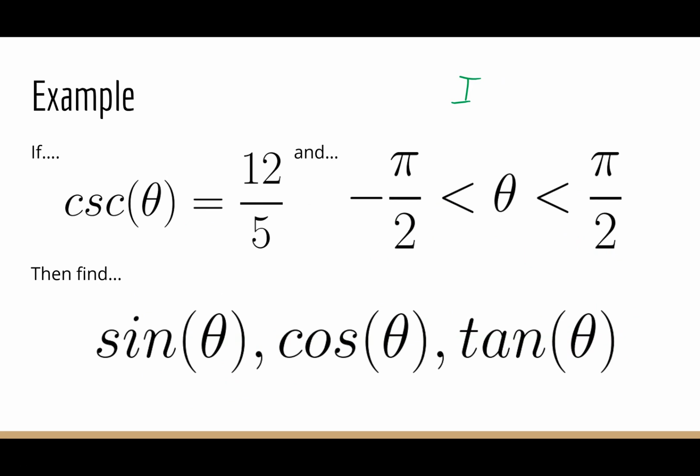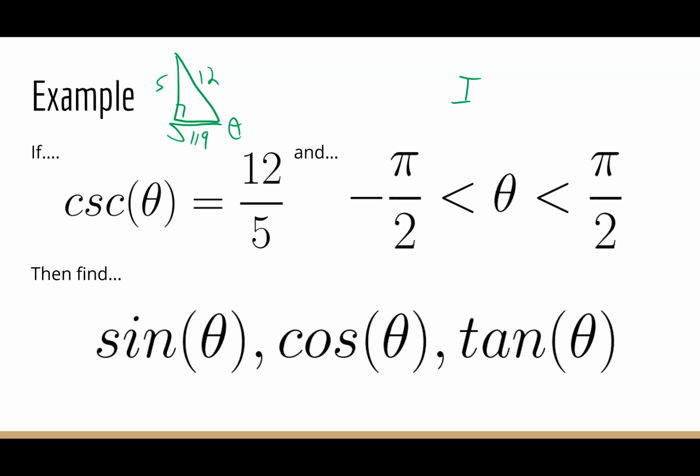So cosecant, we have a triangle, theta, sine is opposite over hypotenuse, so cosecant, hypotenuse over opposite. I need my third side, so 12 squared minus 5 squared, and it's a decimal, so square root of 119. We want sine, cosine, and tangent.